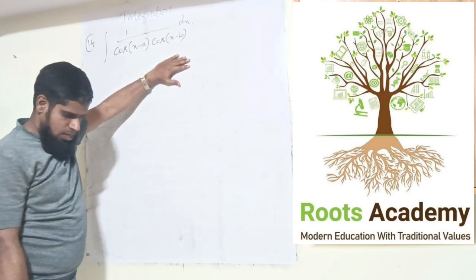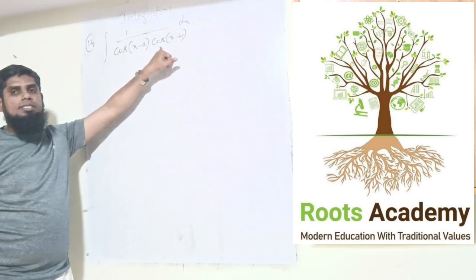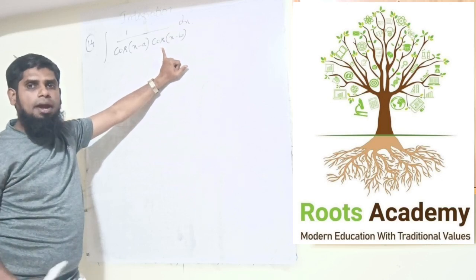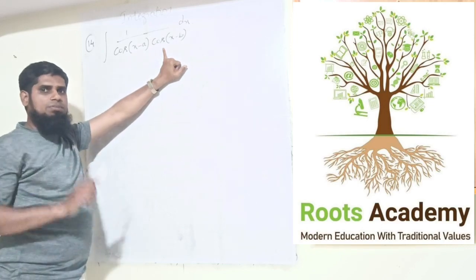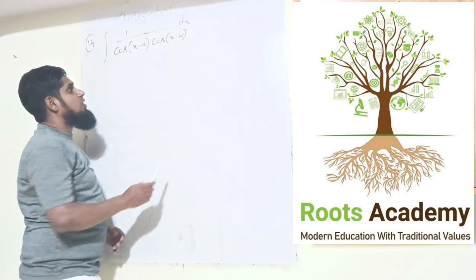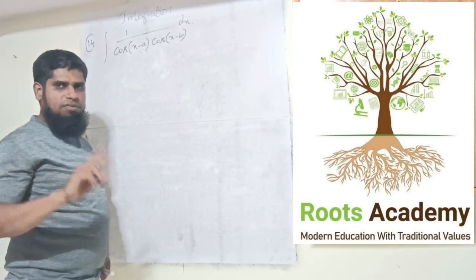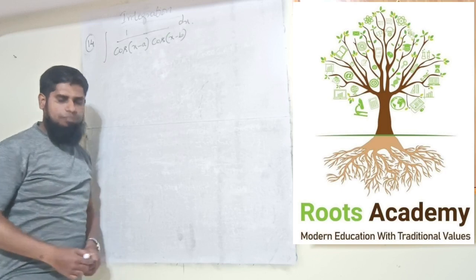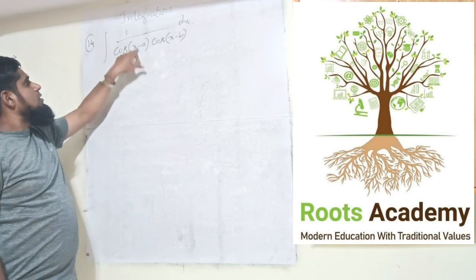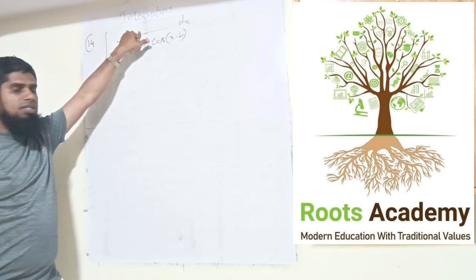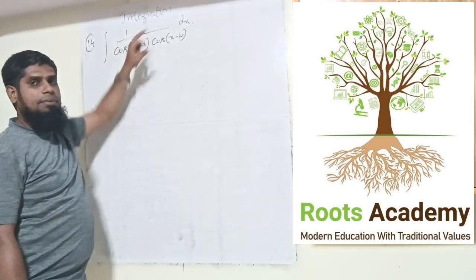We need the same angles. So here what we can do is, if there are two cos x terms, let us multiply and divide by sine b minus a. B minus a or a minus b, both are possible, but we should be very careful that we get the same angle in the numerator. So based on that we will do some changes, depending on the problem. To get the same angles in the numerator also with a trigonometric function, in this particular problem I will multiply and divide by sine b minus a.